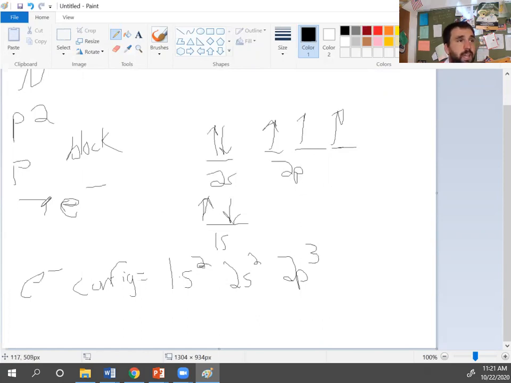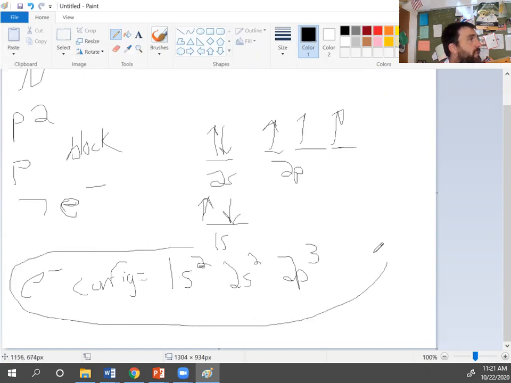How many electrons am I supposed to have? 7. So today we're talking about electron configuration, and this is the answer for today. You still have to draw the orbital notation of those other elements, but I would write it as 1s2, 2s2, 2p3. It's a shorter way of doing it as opposed to drawing arrows.